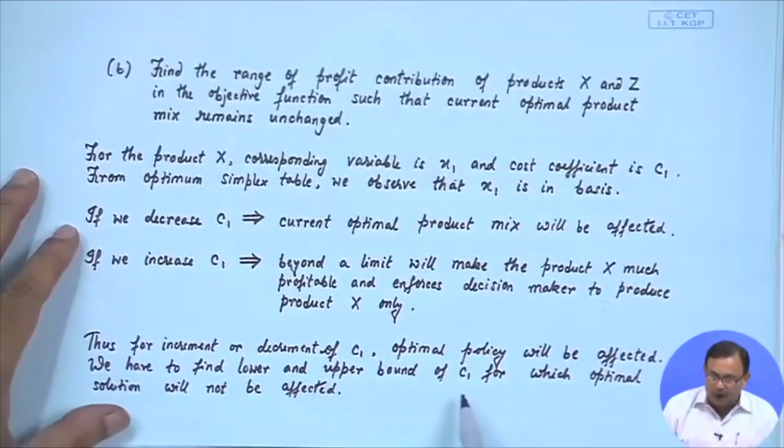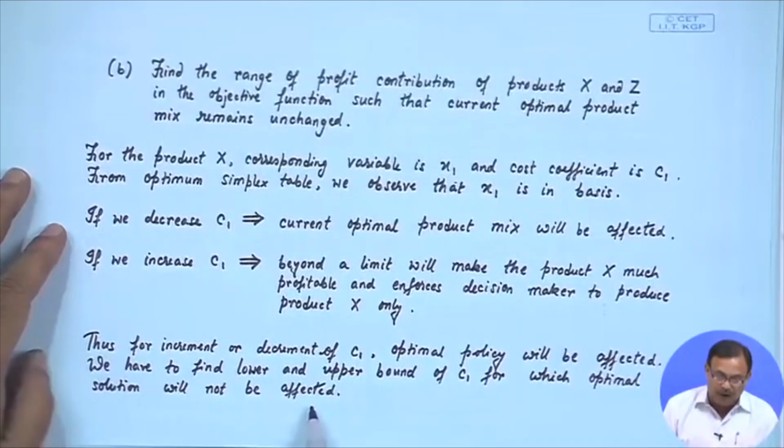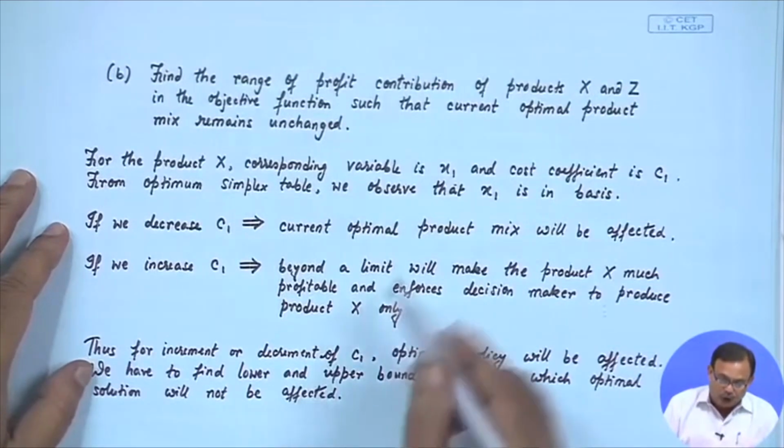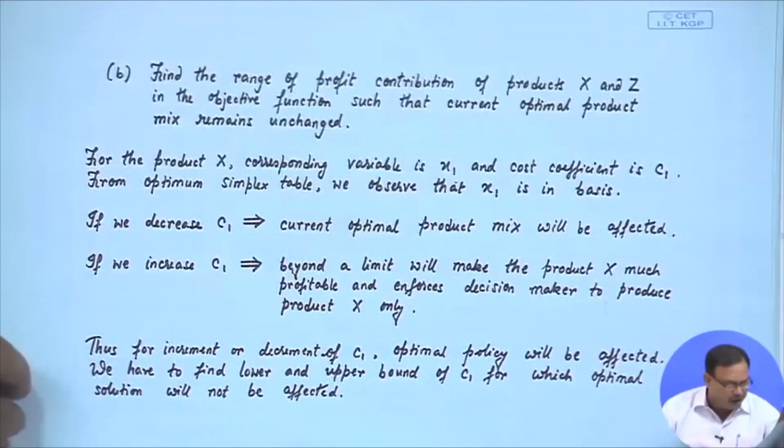We have to find the lower and upper bound of C1 for which the optimal solution will not be affected. So, for what range of C1 the optimal policy will not be affected, that we will calculate now.